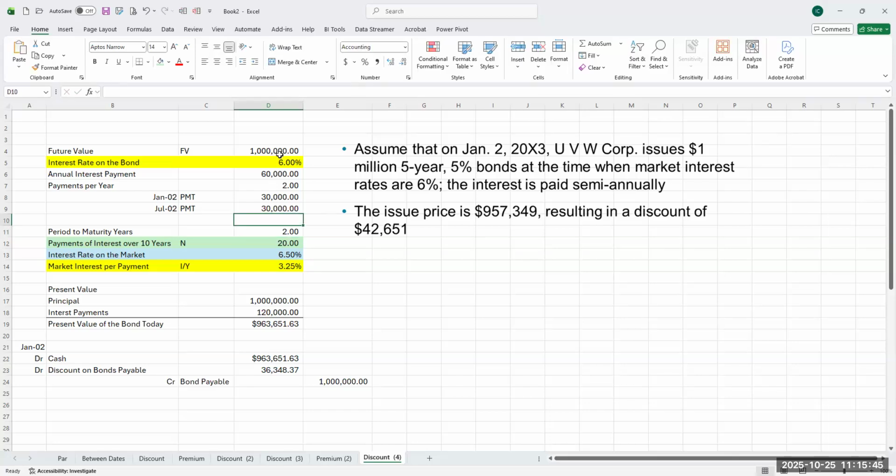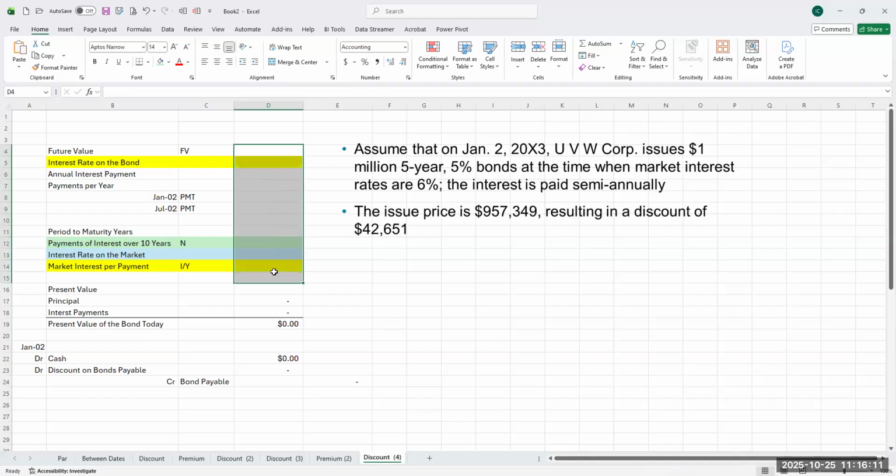Sorry, that's 5 years here, which we're paying 5% interest. You know what? Let's do this. Let's erase everything and let's start from the beginning so you can see actually the calculation.